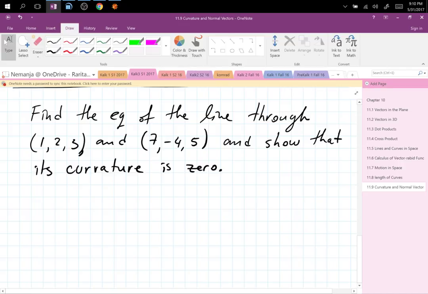And then I divide this by that. That's your unit tangent vector. Good.